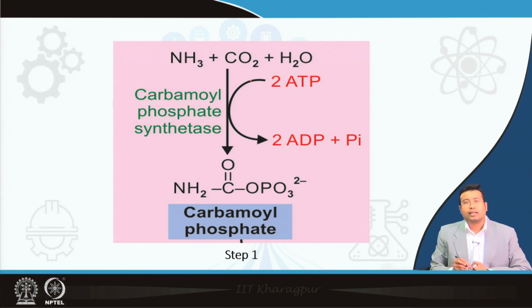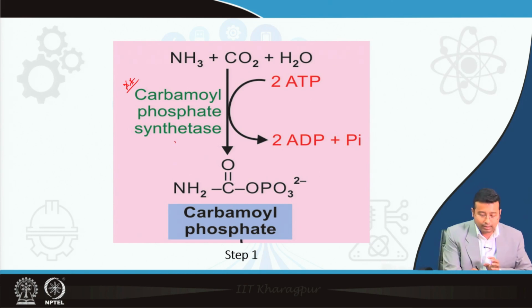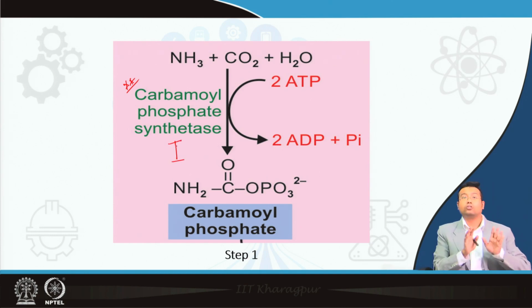Prerequisite of the urea cycle is formation of carbamoyl phosphate. This carbamoyl phosphate is one of the compounds that takes part in the urea cycle, but formation of carbamoyl phosphate is not a part of the cyclical reaction, but nevertheless it is extremely important, and this enzyme is the rate limiting or regulating enzyme. Okay. Carbamoyl phosphate synthetase 1. We will also be discussing the difference between carbamoyl phosphate synthetase 1 and 2 later.